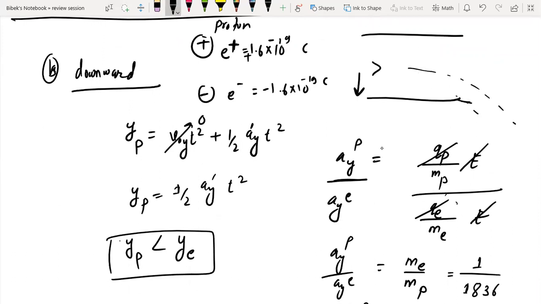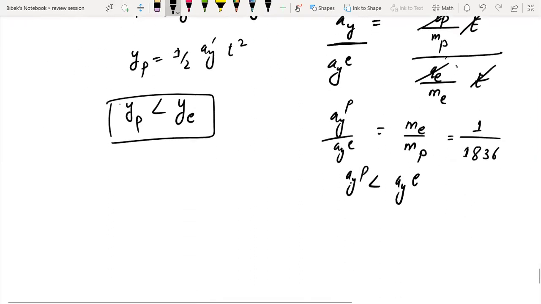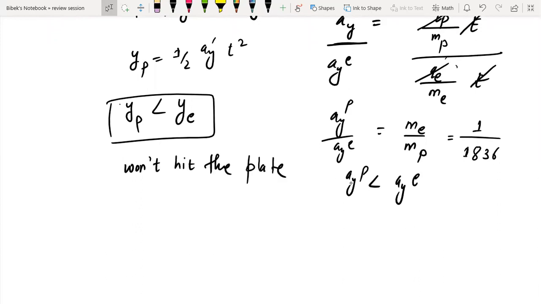As it passes this line, if the plate is up to here, it will have less deflection. So for the proton, the trajectory will be a long trajectory like this, unlike the electron, which had a trajectory like this. That means it won't hit the plate.